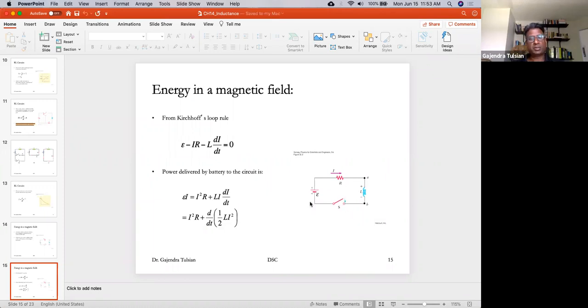After you close the switch and you rearrange that term, EI is the rate at which power is delivered. EI is equal to I squared R plus d/dt of 1/2 L I squared.